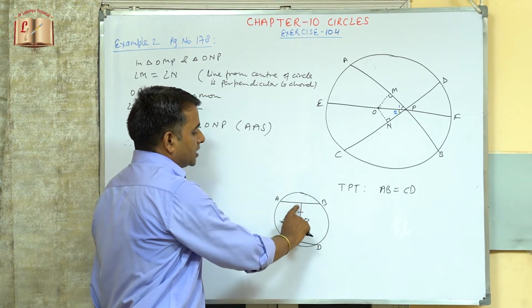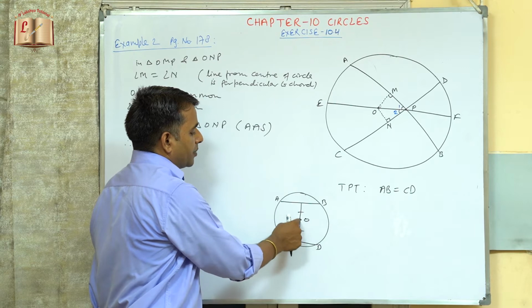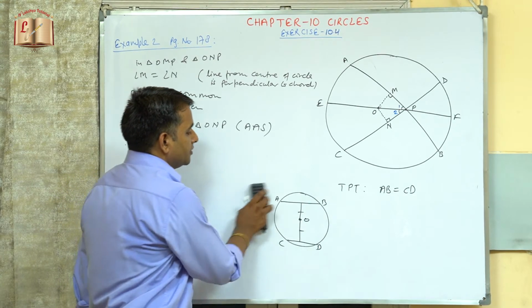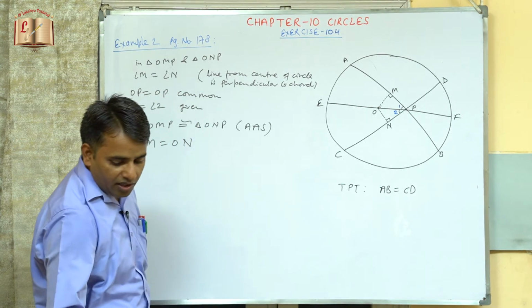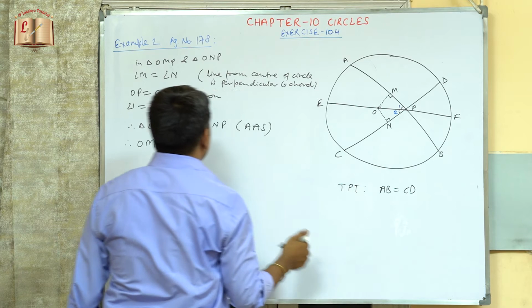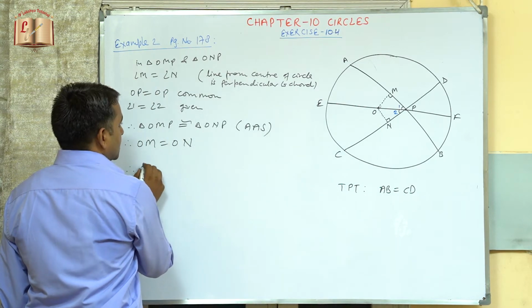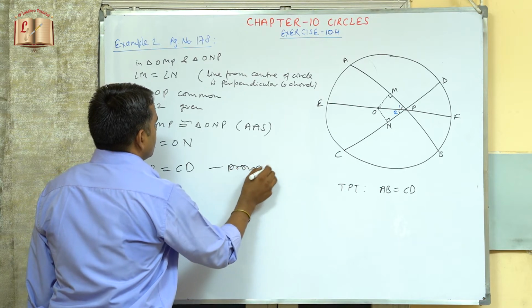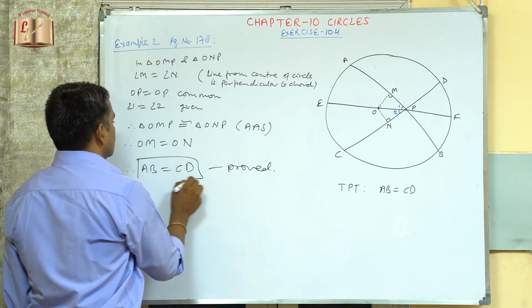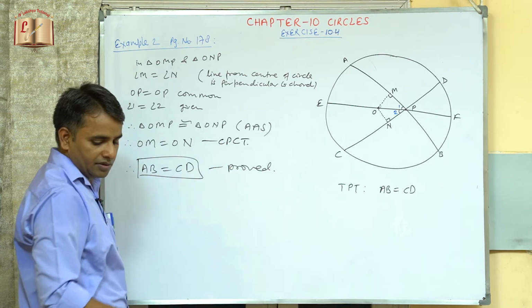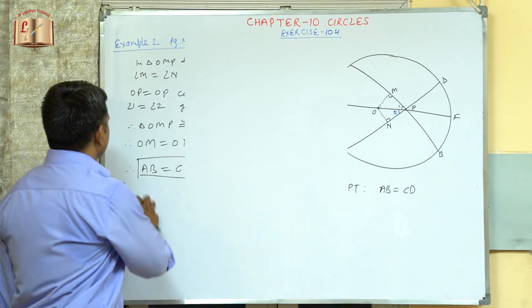And if the chords are of equal length, then the perpendicular distance will be equal. So this is the vice versa. So from here we got this perpendicular distance is equal, so therefore chords will be equal. So therefore we can say AB is equal to CD. So this is proved, by CPCT.